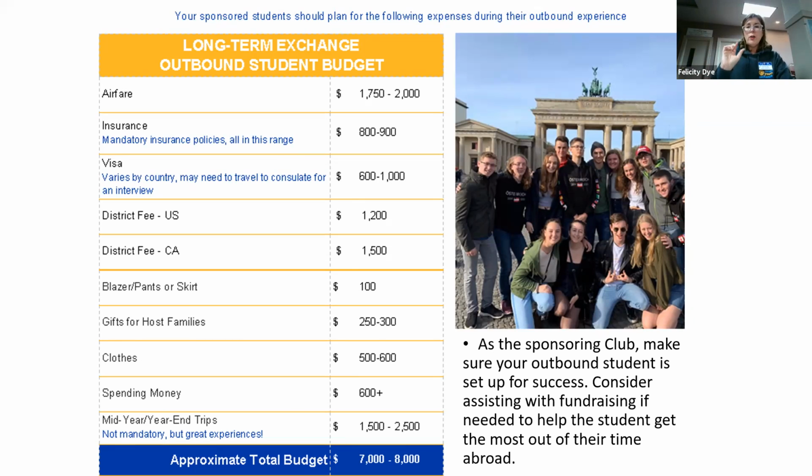The airfare and the visa will be a combined cost this year, because all of our students will be using a company called It's Your World Travel. It's a travel agency. It's actually a Rotary travel agency. They schedule all youth exchange travel throughout the US and Canada.